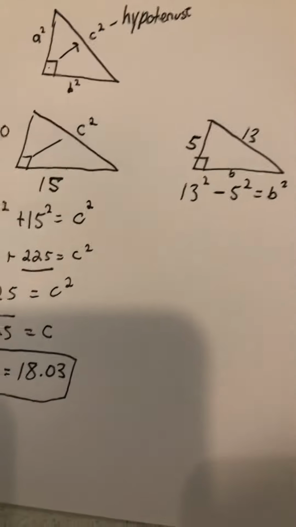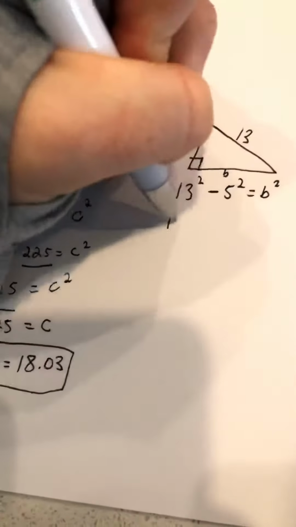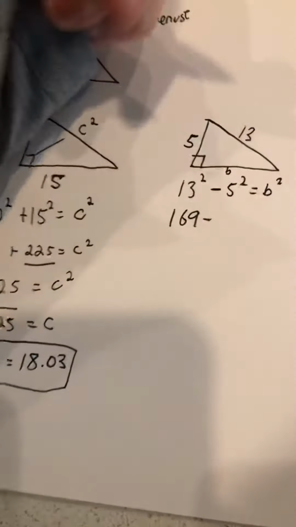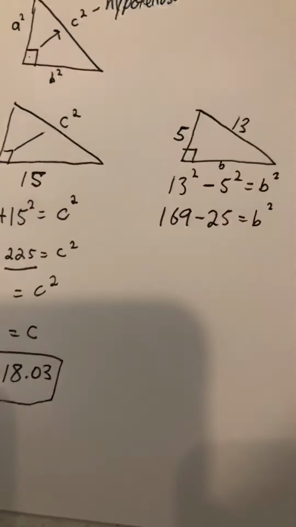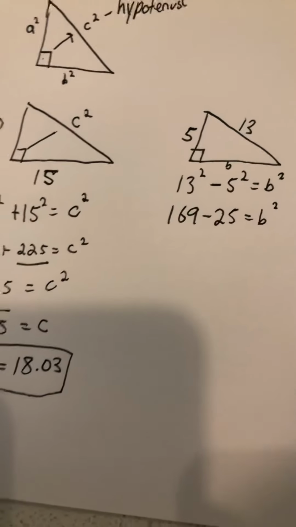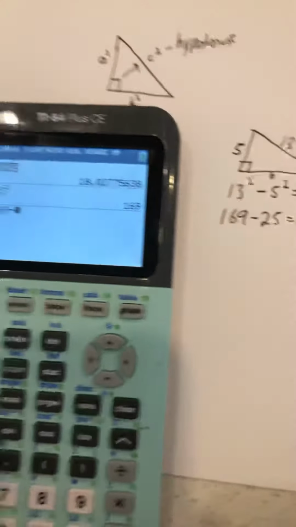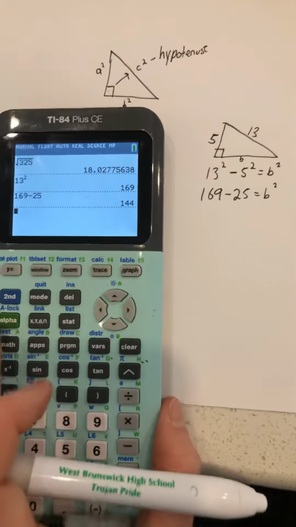So 13 squared is 169, minus 5 squared, which is 25, equals our b squared. 169 take away 25 is 144.